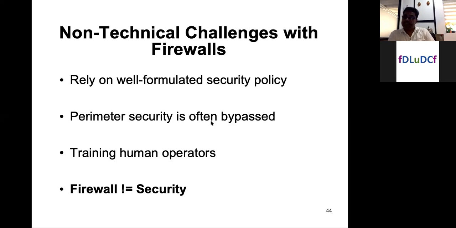The other thing with the firewall is that security research shows that 70% of the network attacks originate inside the network, and 30% of attacks originate outside the network.